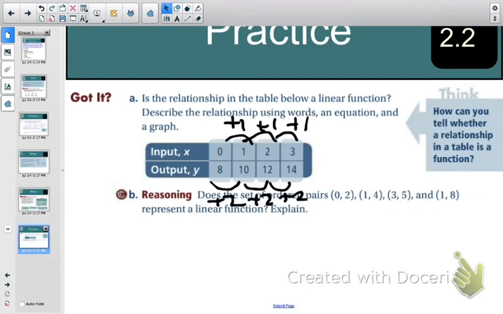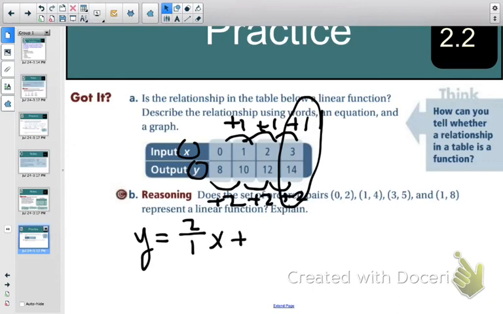If you wanted to find the equation, we just do y equals mx plus b again. M is going to be the rate of change, so y over x, 2 over 1, they're both positive. B is going to be your initial value, so when x is 0, y is 8. So y equals 2x plus 8.